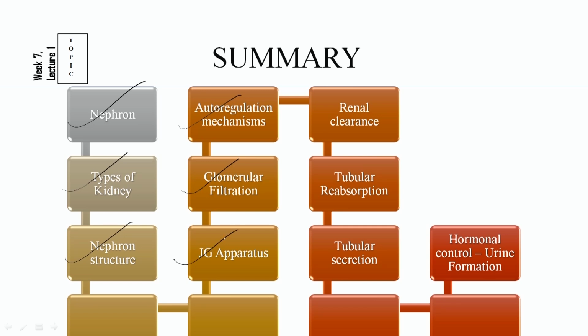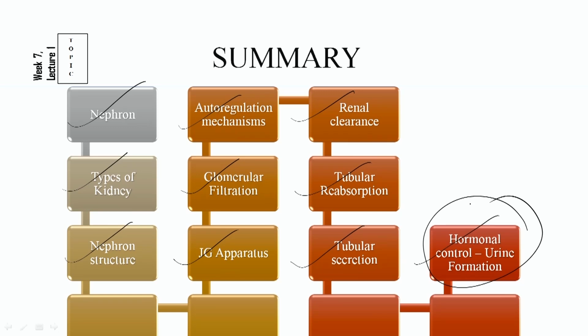In this glomerular filtration, the JG apparatus also we have seen. And then what is renal clearance, then what is tubular reabsorption, what are the different mechanisms at the proximal tubule, loop of Henle, distal tubule, and then the tubular secretion, where the different secretions take place at the different levels of the nephron, and ultimately the hormonal control of urine formation in summary.